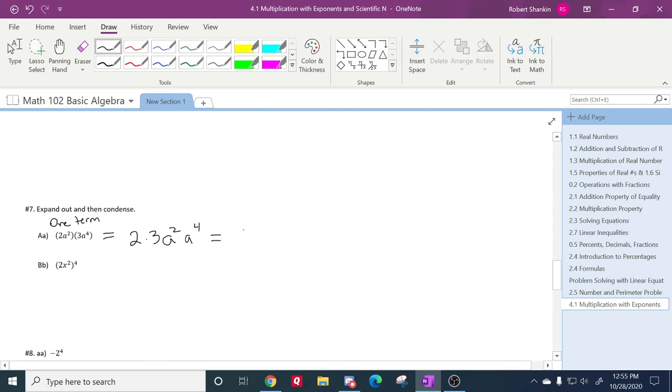The 2 times the 3 makes 6. A squared is the same as AA. Let's put a little parentheses around this. A to the 4th is 4 a's. And then this is 6a to the what power? Well, I just count up all the a's. 1, 2, 3, 4, 5, 6.